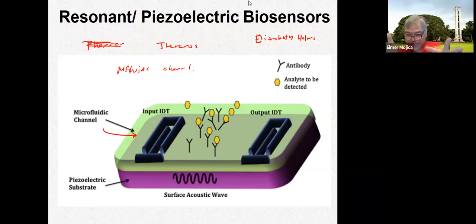So the principle that they have there is similar to this one. But instead of just targeting one analyte, they want to target everything that is connected with what? Health. Okay, so cholesterol, sugar, cortisol.